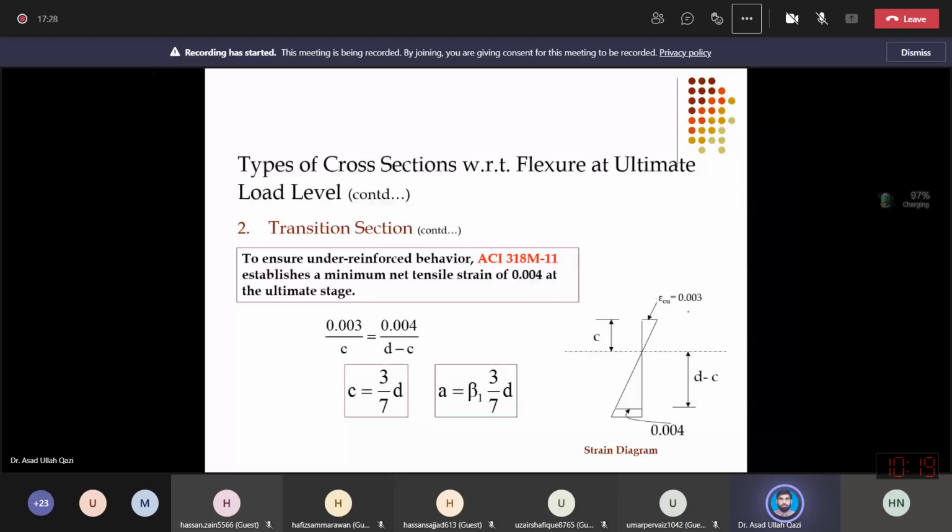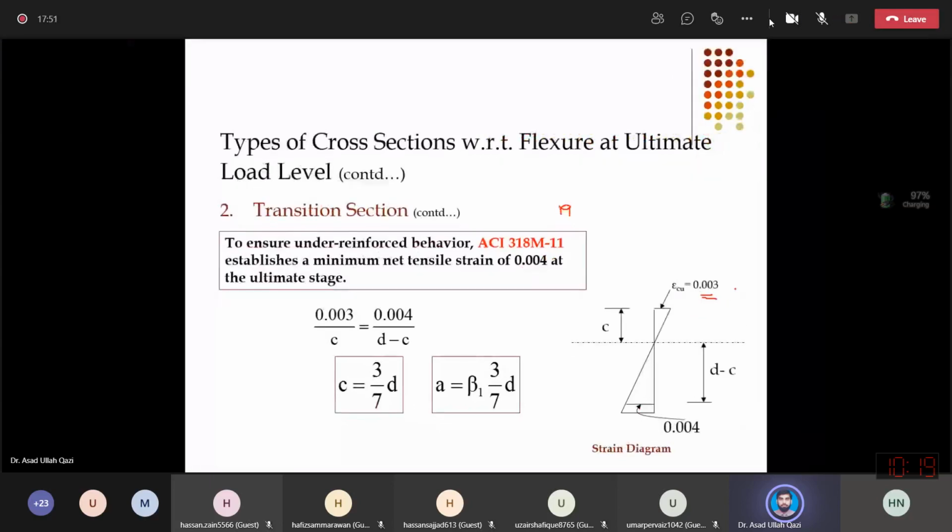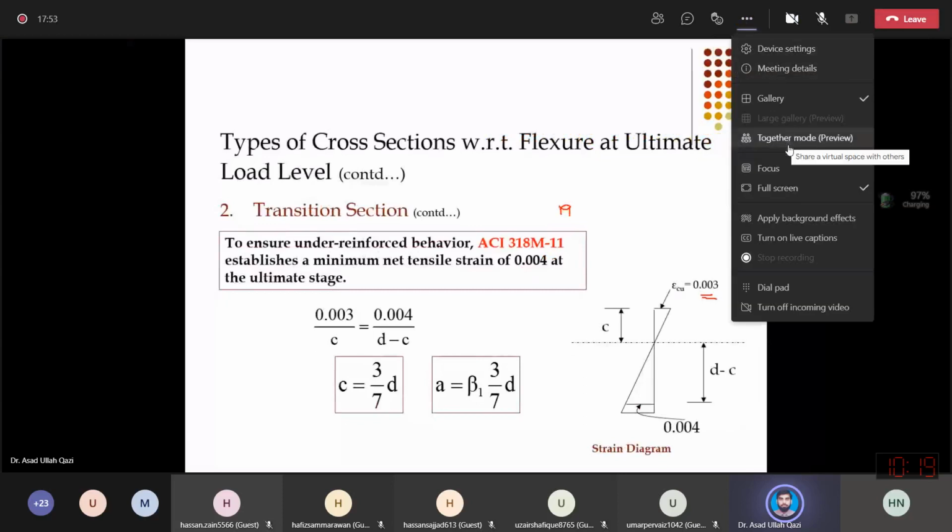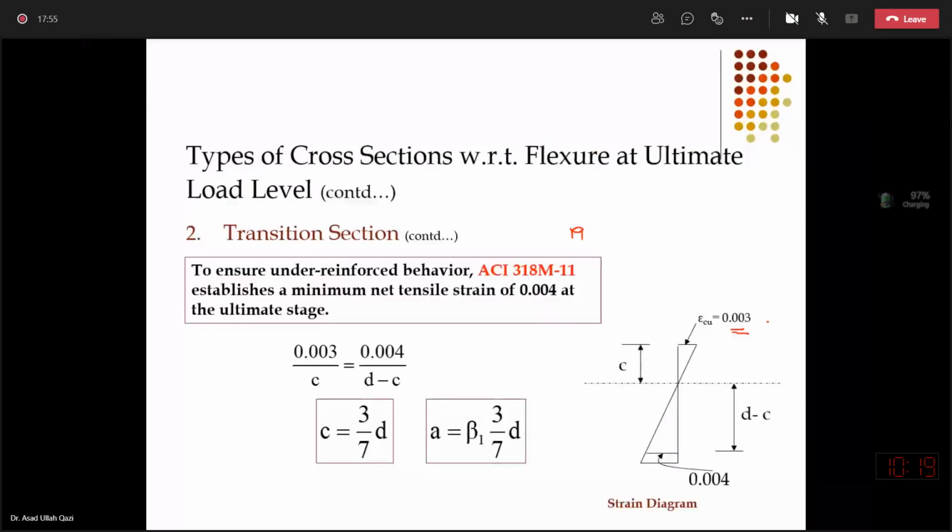But in the latest ACI publication 2019, this section of the transition domain is not given too much highlight or importance. But the same thing we can evaluate: a strain diagram corresponding to 0.004 steel strain, and against this strain diagram we can write the equation and get C.